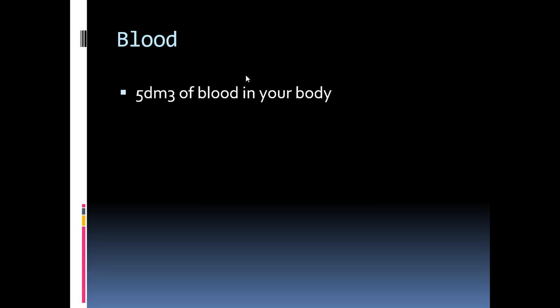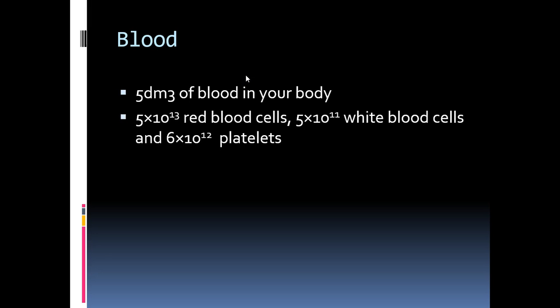And in terms of blood cell components, there are roughly about 25 trillion RBC, or red blood cells, 500 billion white blood cells, and about 6 trillion platelets on average in a human body.